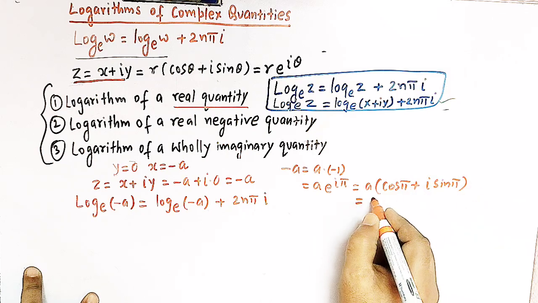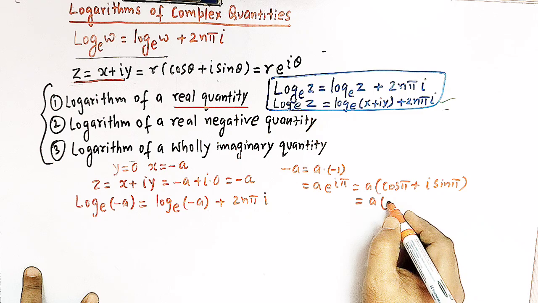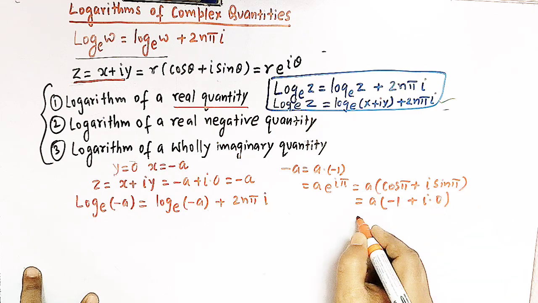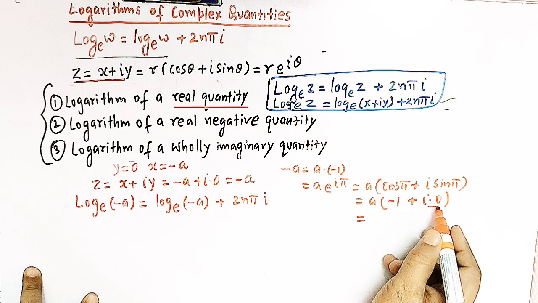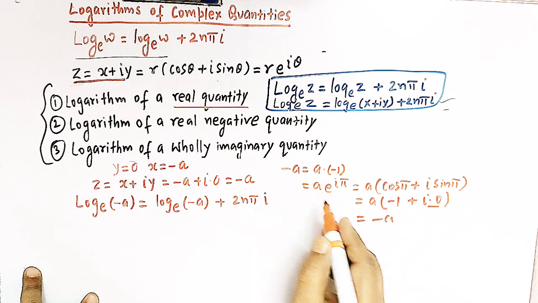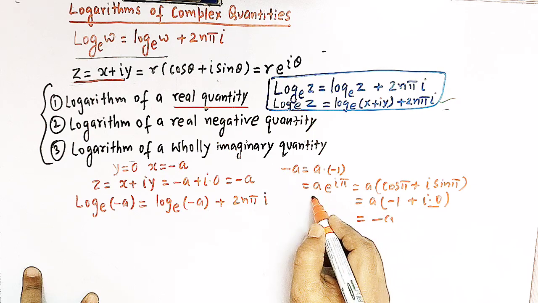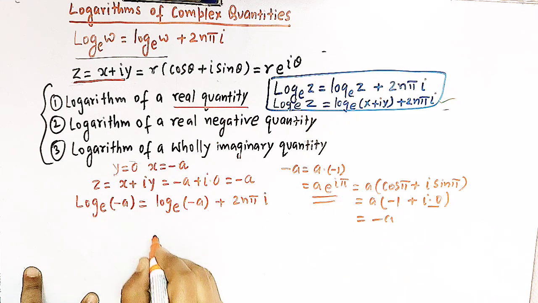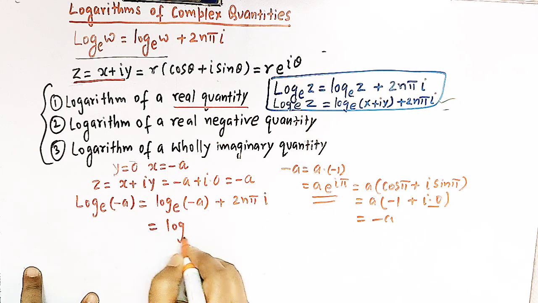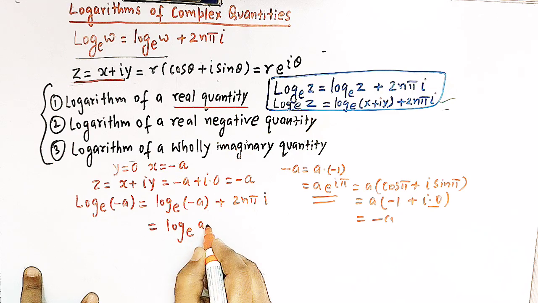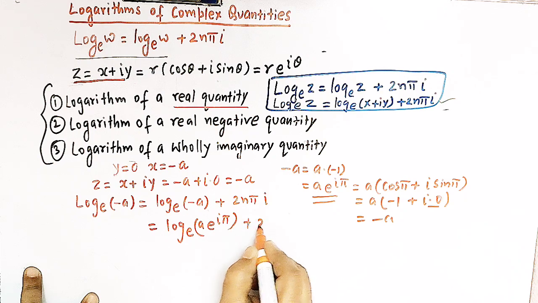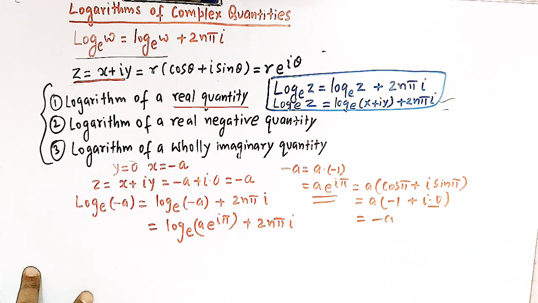Cosine pi is minus 1 and sine pi is 0, so we have minus a. So minus a can be replaced by a times e raised to iota pi. So here we write log to the base e of a e raised to I pi, and 2n pi I.